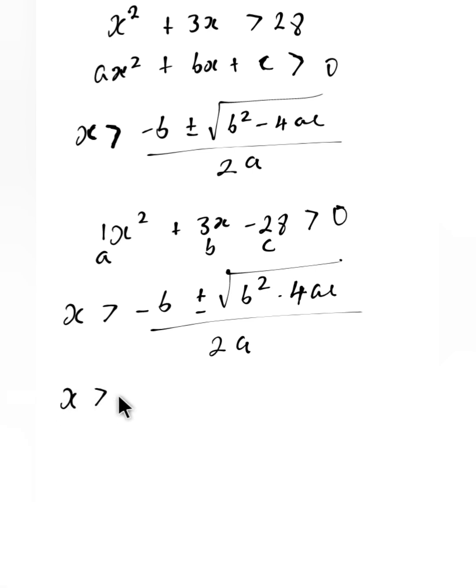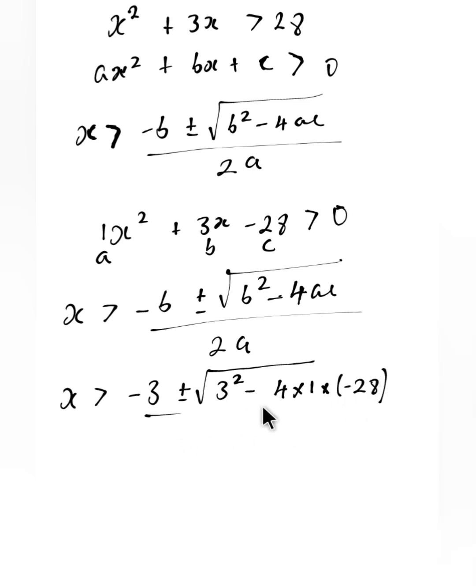x is greater than minus b, which is 3, plus or minus the square root of b squared, which is 3 squared, minus 4 times a, which is 1, times c, which is minus 28, all over 2 times a. 2 times a is 2.